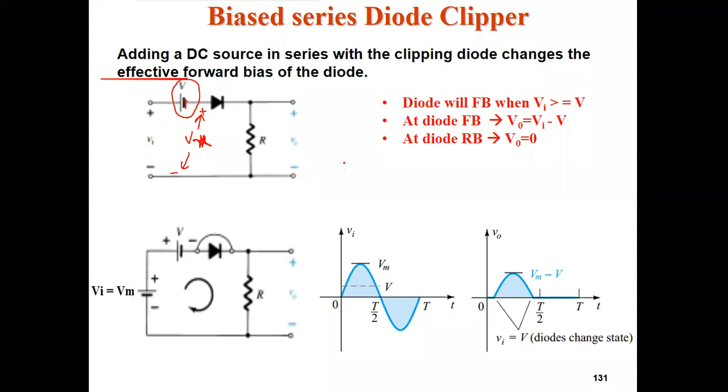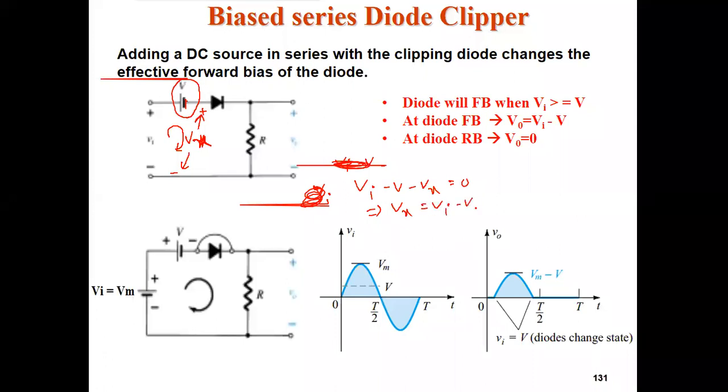So here I can write, if I put a KVL, then Vi minus V minus Vx equal to 0, which implies Vx equals Vi minus V. And you know that the net applied voltage Vx should be positive for the diode to be forward biased. So for forward bias, Vx should be greater than or equal to 0.